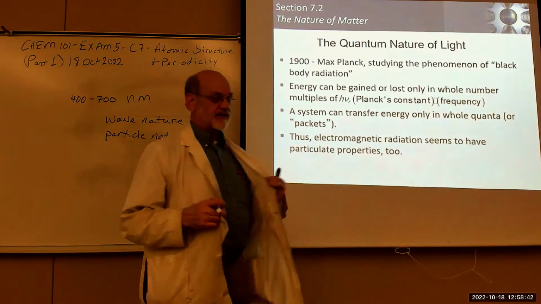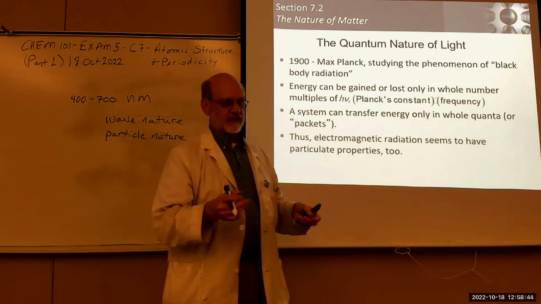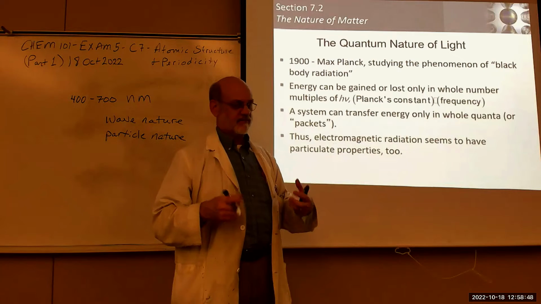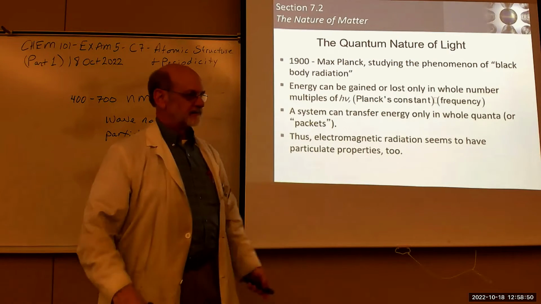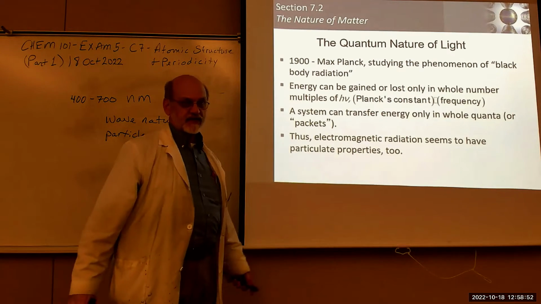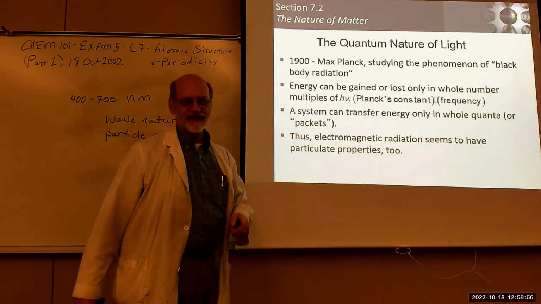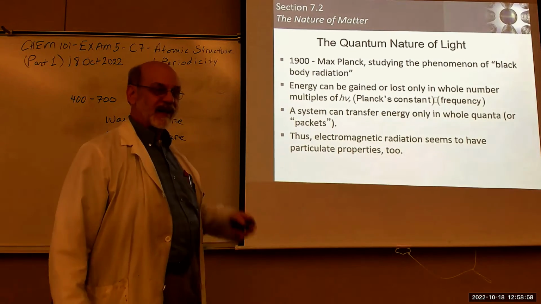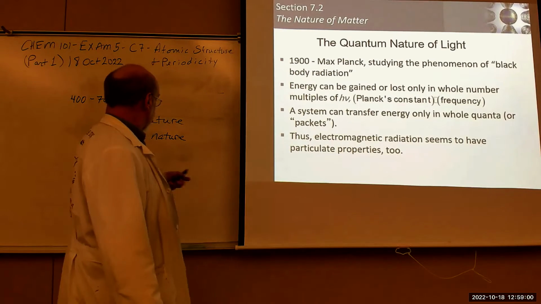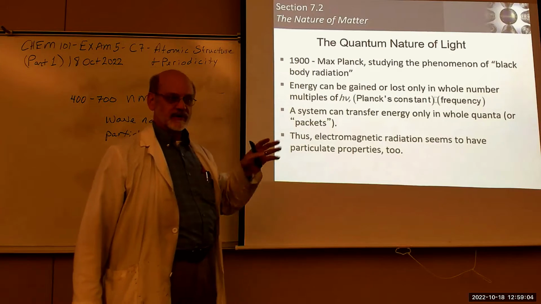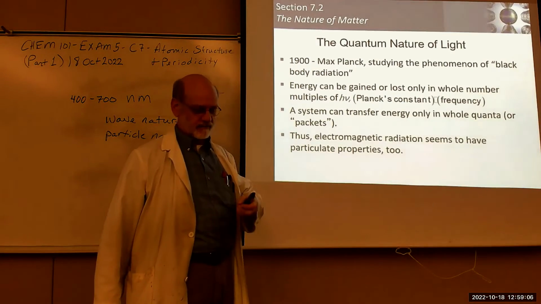For the longest time, scientists would argue back and forth and say, wave, particle, and they had some pretty heated debates. Eventually, they just threw up their hands and said, okay, it's both. That's how perplexing the problem is. Light can either be a wave or a particle, depending on what it's doing and how you're measuring it.